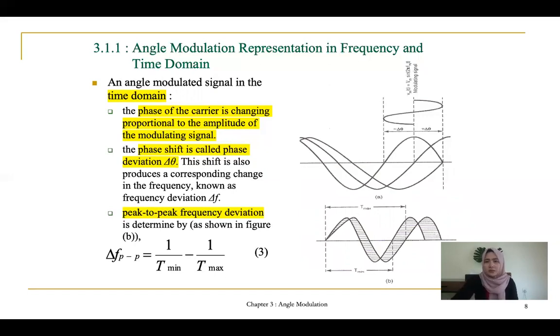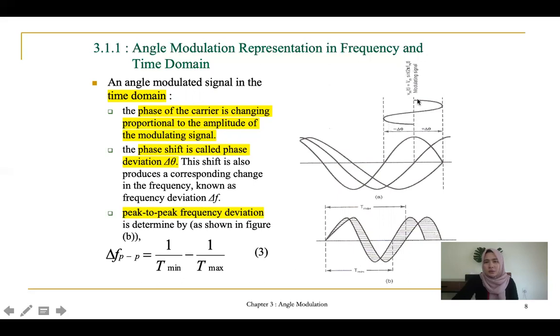So if you look here, this is the output signal in time domain, and this is your modulating signal. What you want to state here is that the delta theta is proportional to the amplitude of the modulating signal.